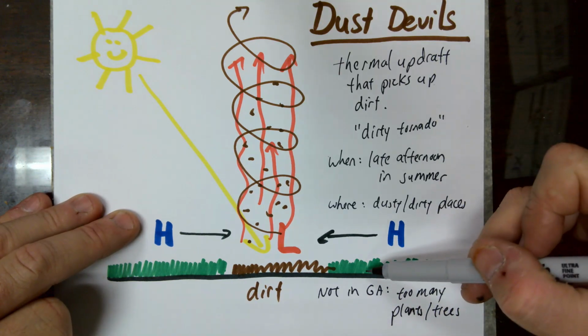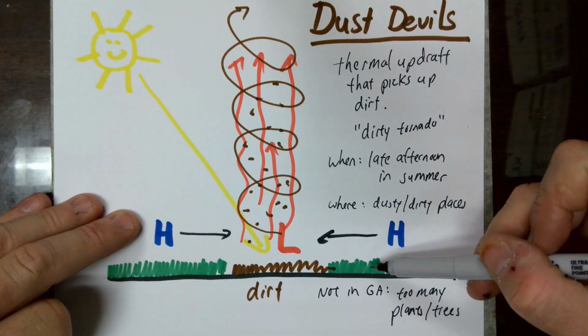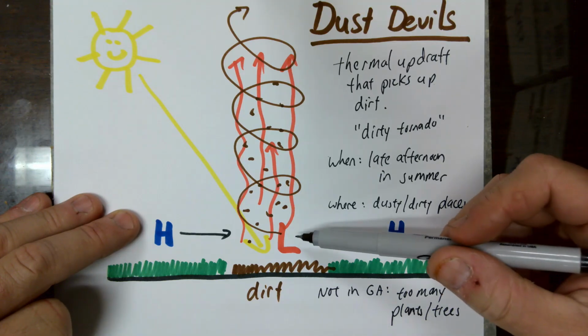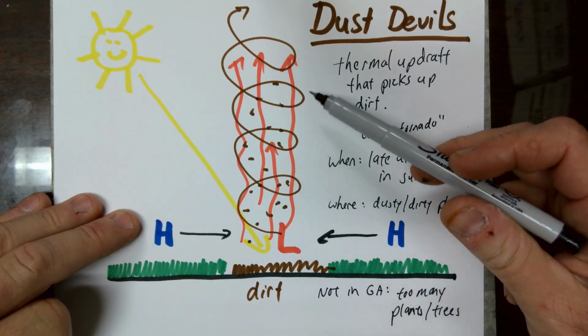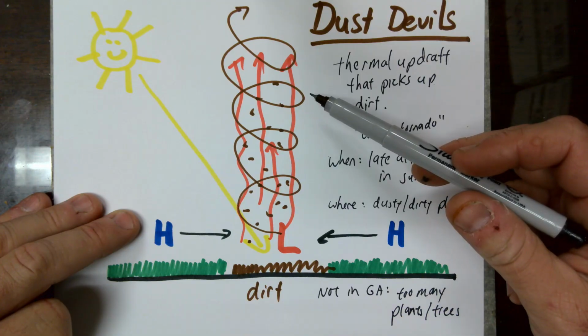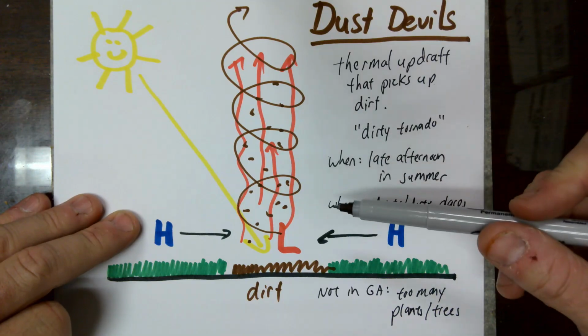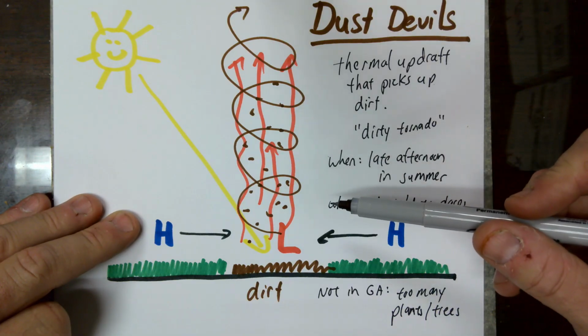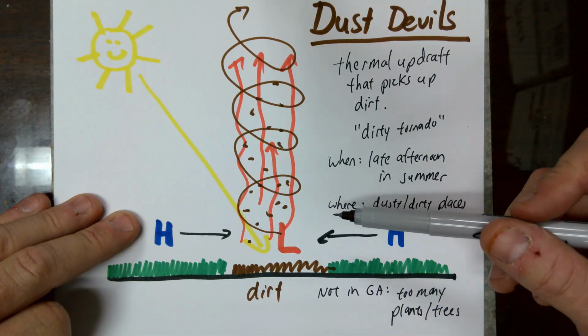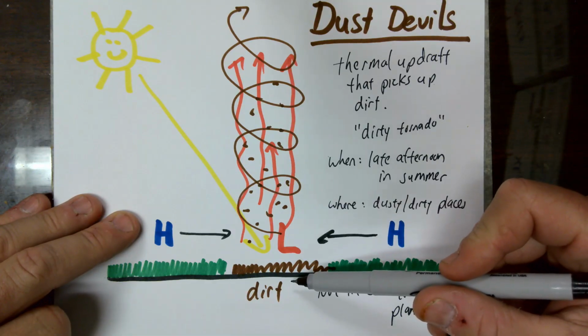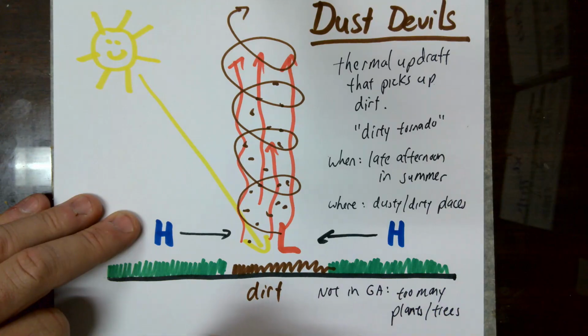Most of our ground is covered with plants and trees, so it's hard for us to get these little dirty rising columns of air. Where would you see these things? Well, you see them a lot in the west, because in the western part of the country, we have a lot more exposed dirt. We have a lot of deserts.